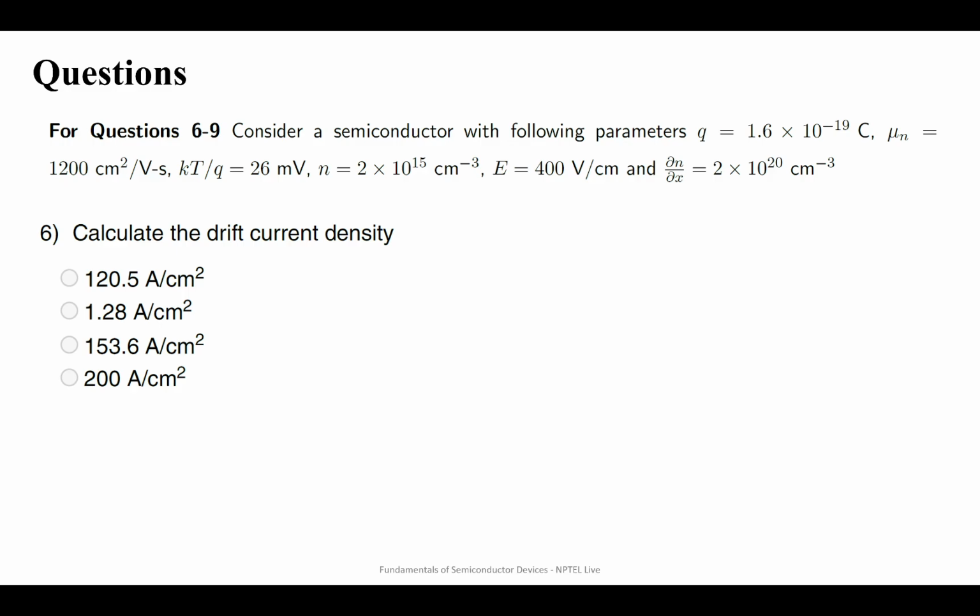Yes, this value n equals 2 into 10 to the 15 per centimeter cube is given at x equals 0. So all these values you consider at x equals 0. Your n value, your E value, mobility will be constant. So E also you consider to be at x equals 0.